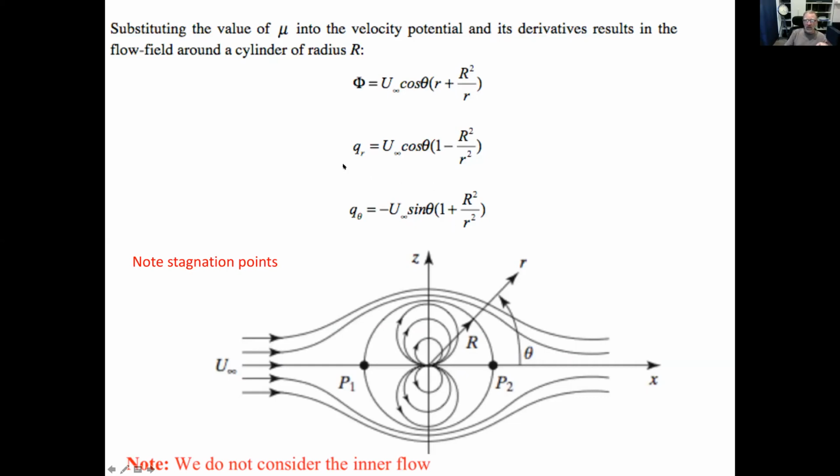So q_r is the velocity inside. Let me just get the pen before it jumps away. So q_r will be the velocity anywhere here, in any direction. Let's say here, you're going to have q_r, this thing. But once the radius goes to this capital R, which we call the radius, then it becomes zero.